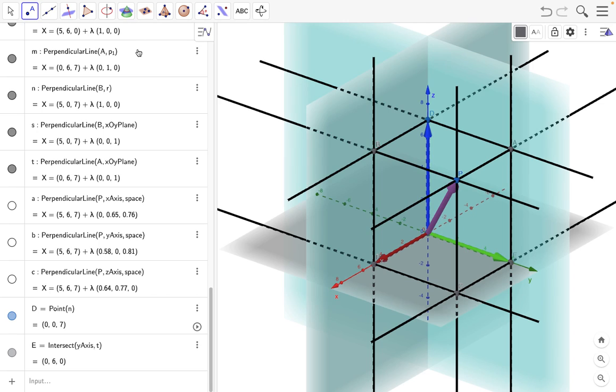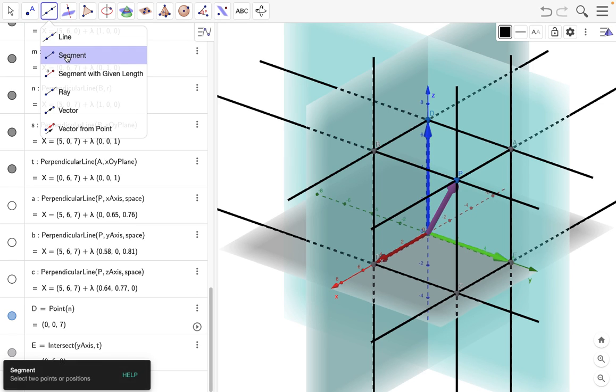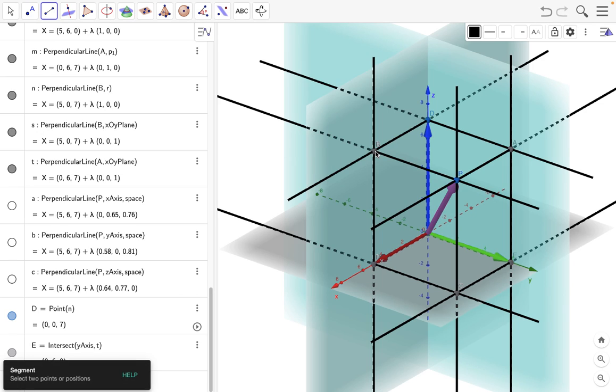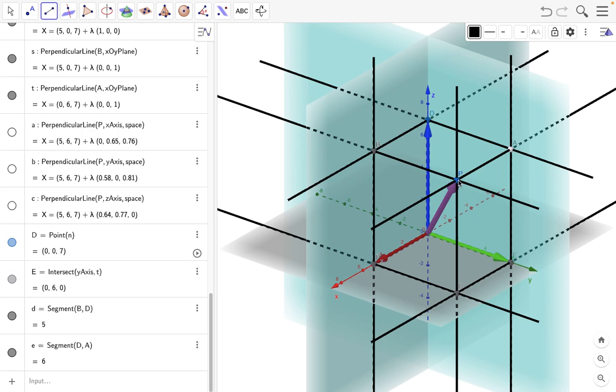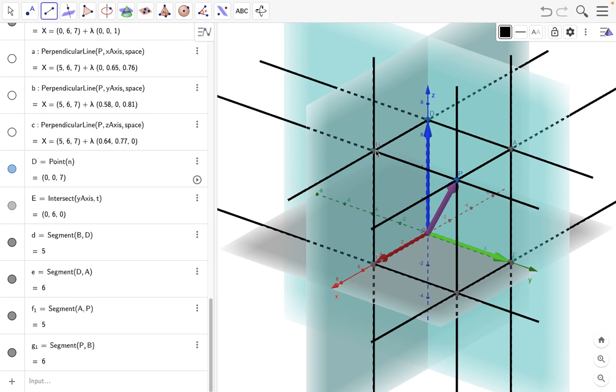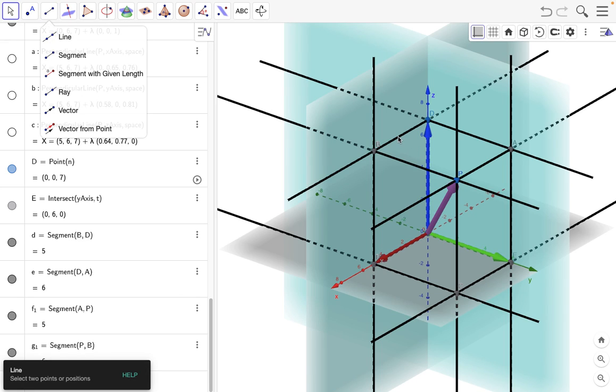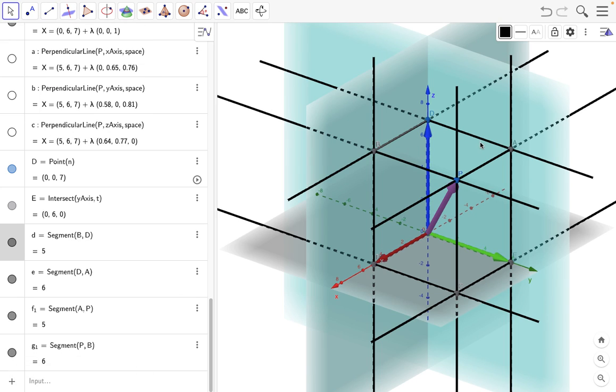Now, if we show it with some line segment command, let us see.